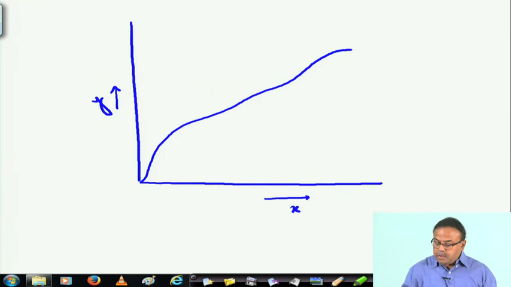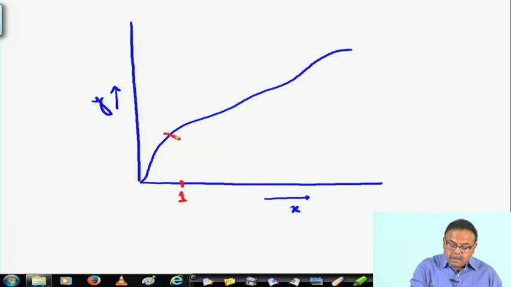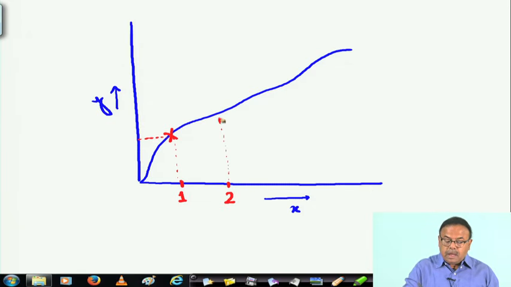Instead, what is given to us are, for some specific x's, say x1, I have been given this value of y. For x2, x equal to 2, I have been given this value of y.